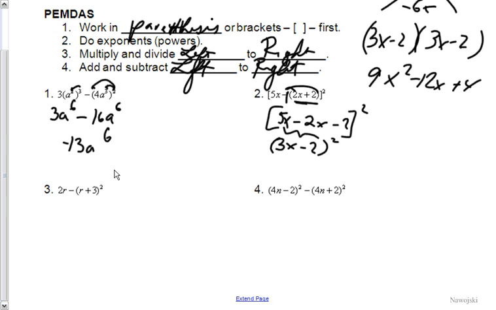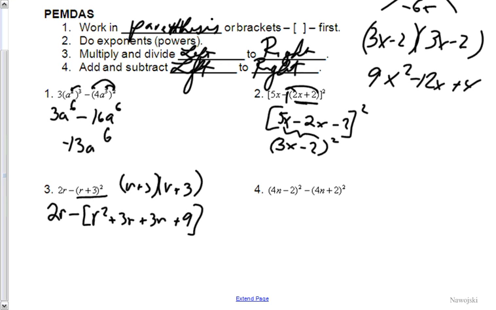Third one here. We have a power. Okay. We have to take care of this first, so we do have to FOIL it out. 2r minus whatever that is FOILed out. R plus 3. R plus 3. Okay. Get r squared plus 3r plus 3r plus 9. Okay. CLT it, combine like terms.